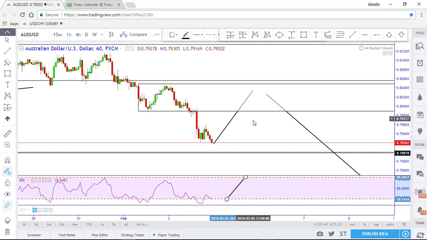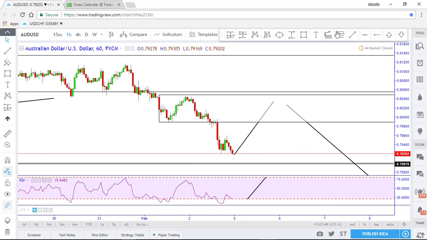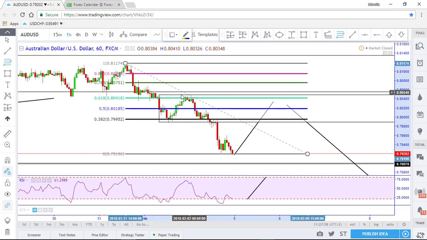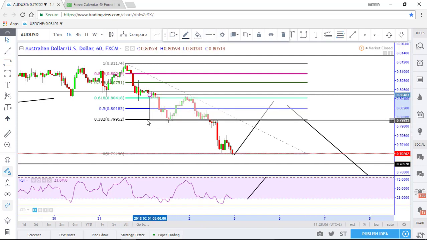As you see, as I take my Fibonacci tool from this swing high to this swing low, you would notice that I get a 618 retracement at these resistance levels right here, and a 382 retracement at these support levels right there. So let me narrow this down.